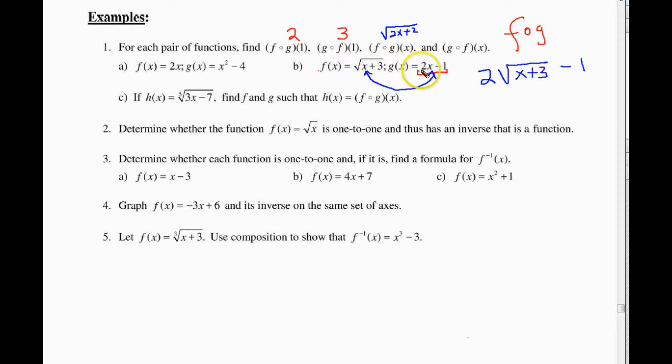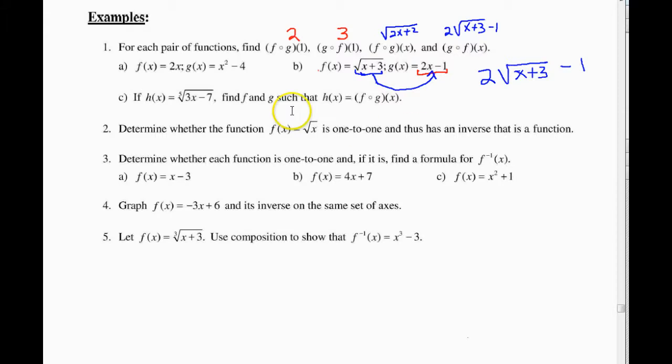So we're taking this x value and putting it where the x is over here. So this just goes right where the x is. This is where our x was. So this then is 2, the square root of x plus 3, minus 1. And be careful not to put that minus 1 under the radical sign. There might be a tendency for that, but don't. And you have to be sure you put the 3 under there. Okay, so there's A and B.